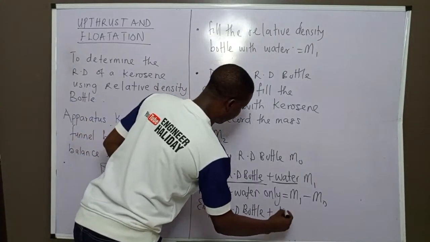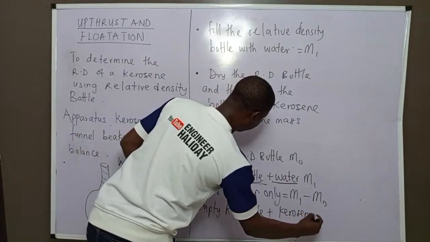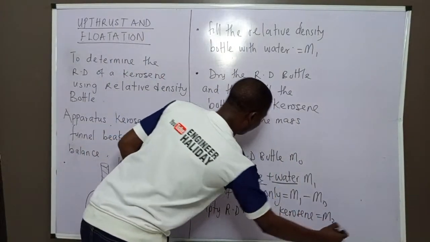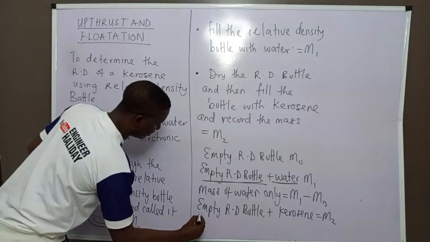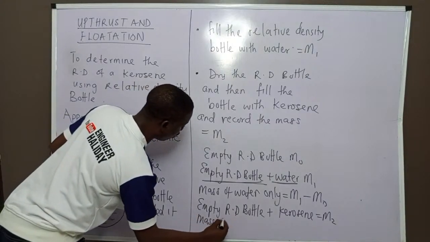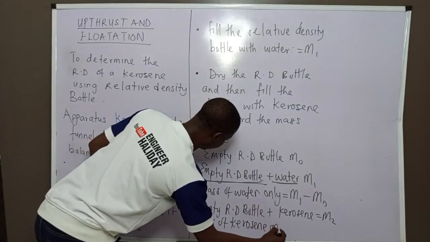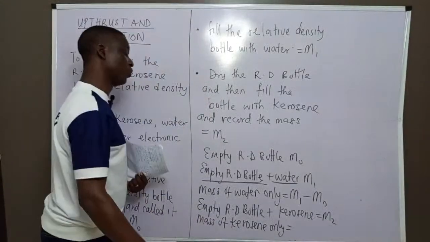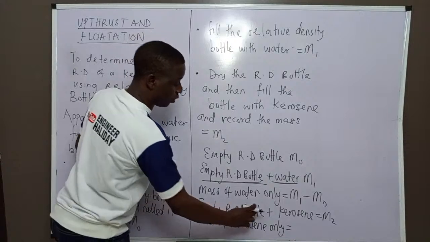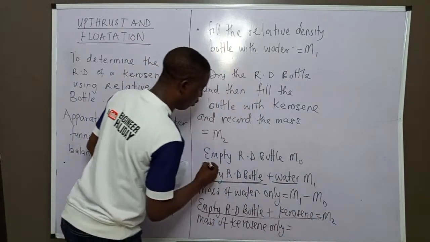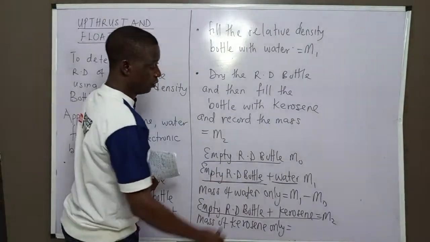Then also the empty relative density bottle plus kerosene, we recorded it as M2. But how do we get the mass of kerosene only? That is to say, we are going to subtract the empty bottle, which is M naught, from M2, the combination.